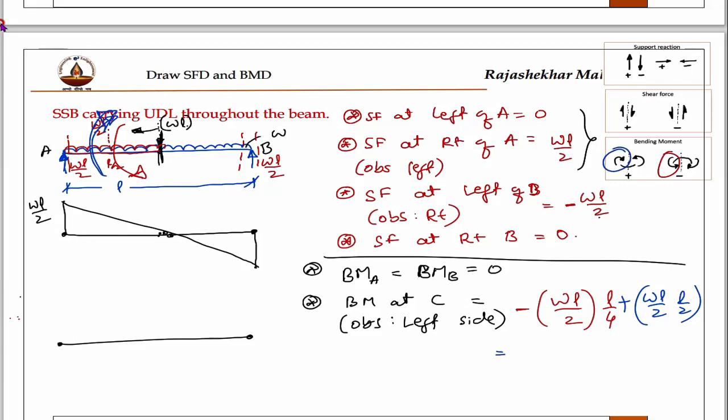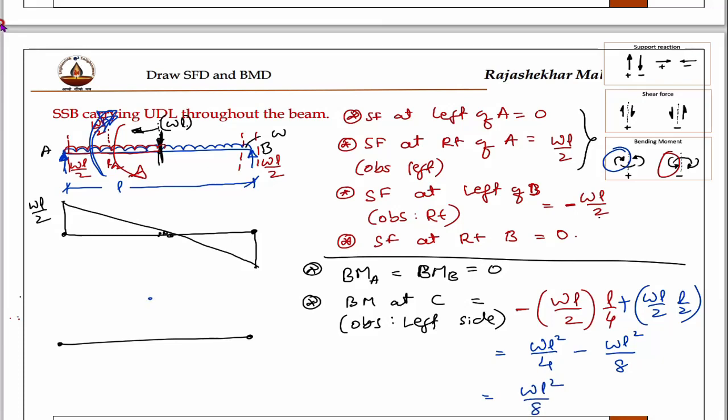Now WL square by 4, this blue ink, minus this red ink, and this is WL square by 8. The answer you can cross verify, WL square by 8 is the correct answer.